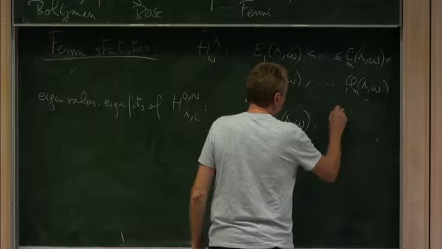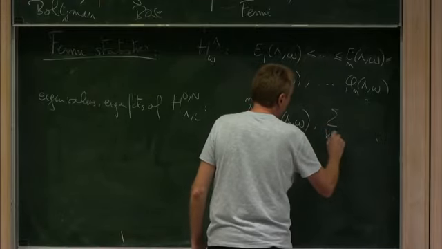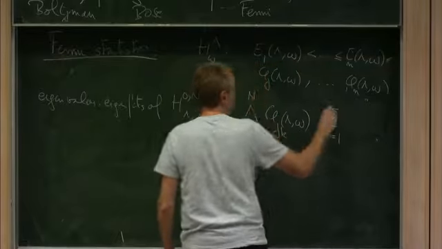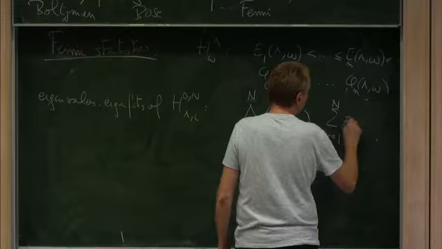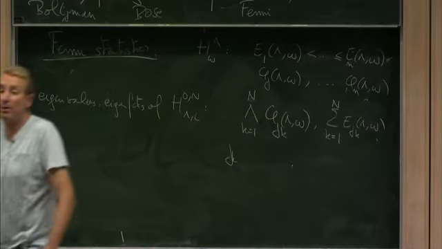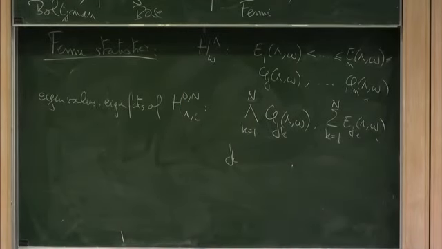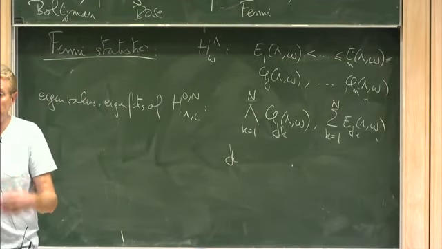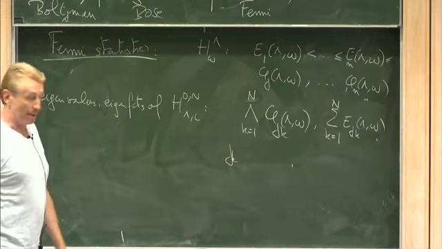And this is associated to the eigenvalue, the sum over k from 1 to N of E_{j_k} lambda omega. This gives you the spectral decomposition of the operator H_0^n, eigenvalues and eigenfunctions. This forms the basis for this operator.